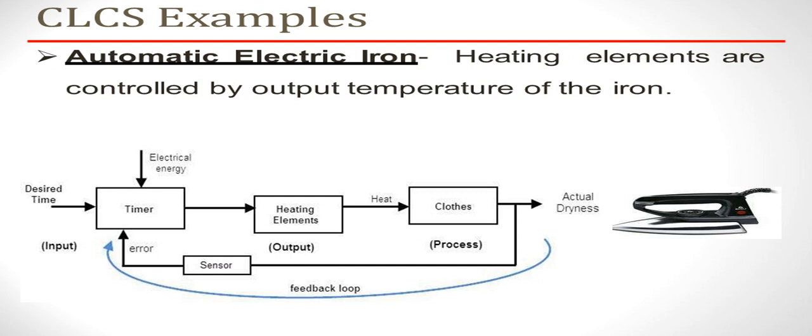Then again cools, then again it is heated. So it is not working according to the predetermined time, but it works depending on the output. That is how much is the temperature of the iron. Okay, so it is the example of closed loop control system.